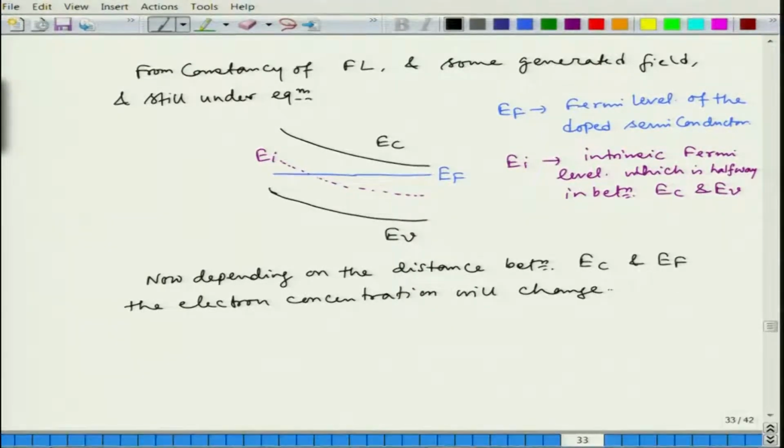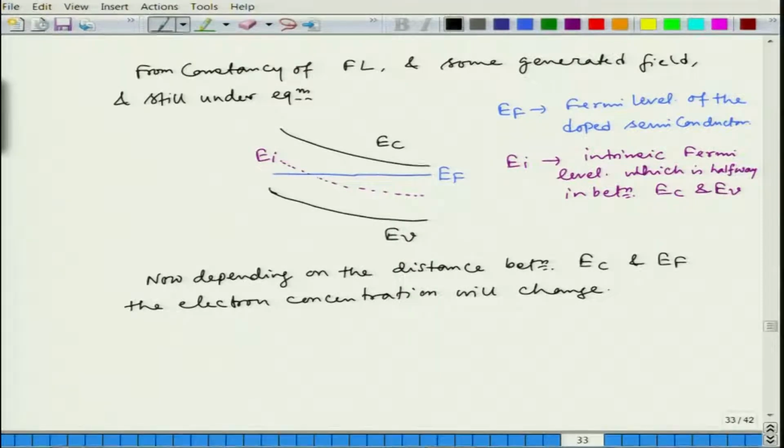This we have seen earlier. Okay. How the distance between the Fermi level and the conduction band edge, you can quantitatively relate it with the electron density, and similarly the distance between the Fermi level and the valence band edge, you can relate it to the concentration of hole.